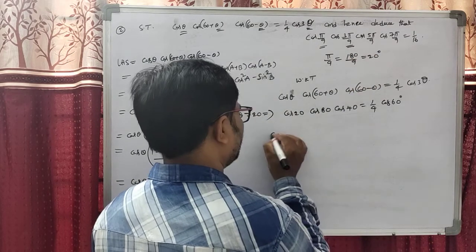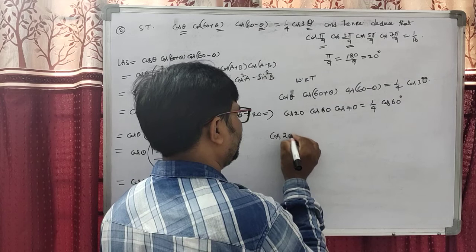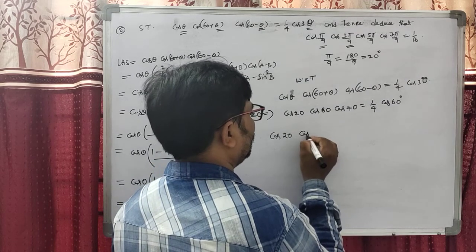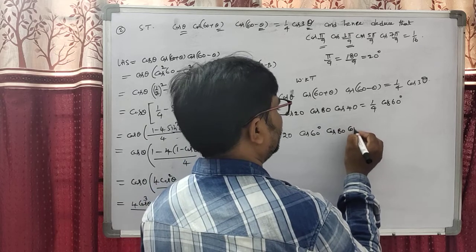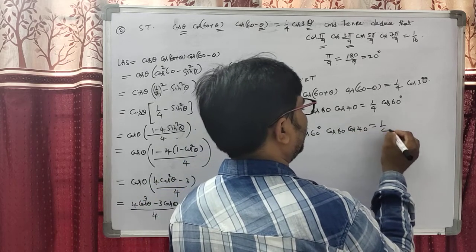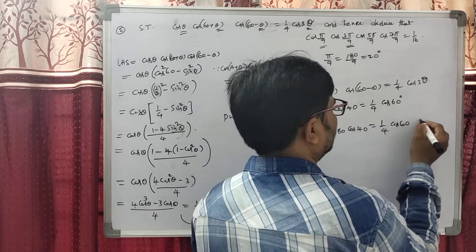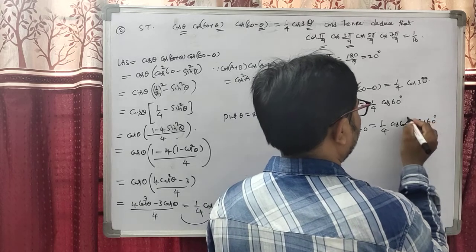On both sides multiply with cos 60, so cos 60, cos 20, cos 80, cos 40 equals 1 by 4 cos 60 into cos 60.